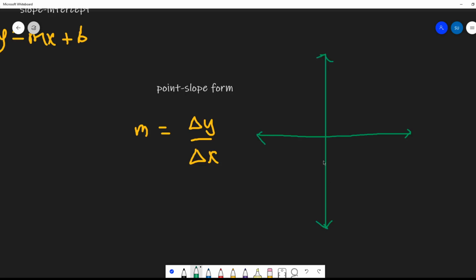And say our line looked like that. Imagine that was a straight line. Okay. So say we had 2 points on this line, right? And one of them had the coordinates a, b, and the other had the coordinates, we'll say x, y, right?